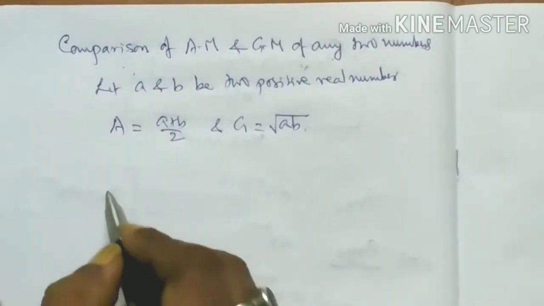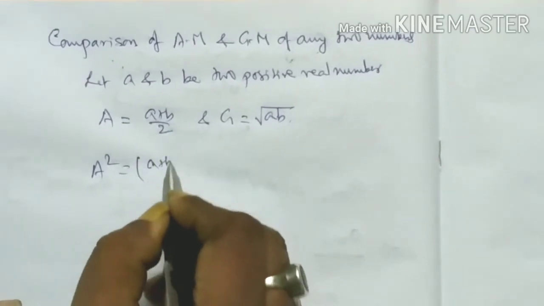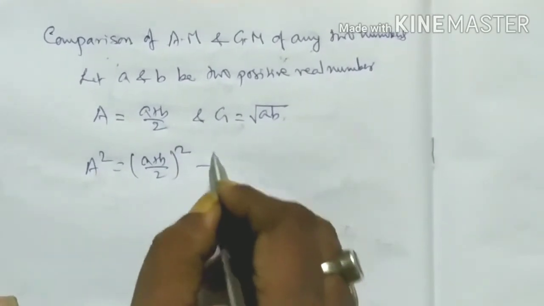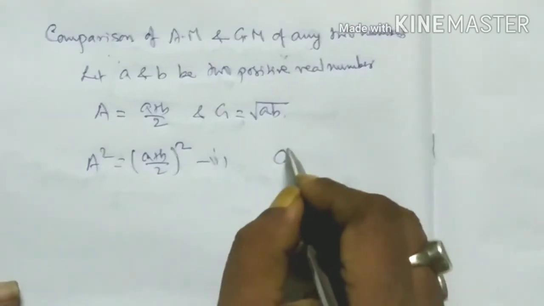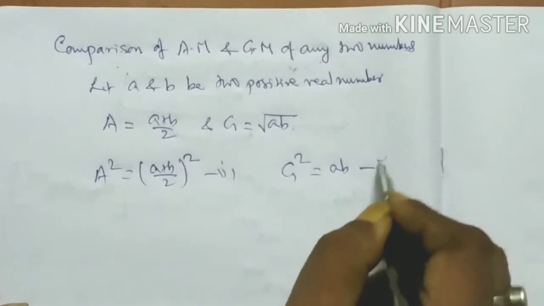Now, squaring both sides, A square is (a+b) by 2 the whole square, equation 1. And here, squaring both sides, G square is equal to ab, equation 2.